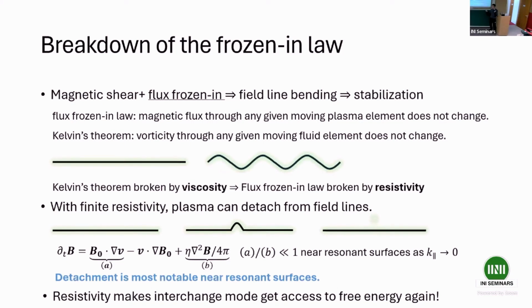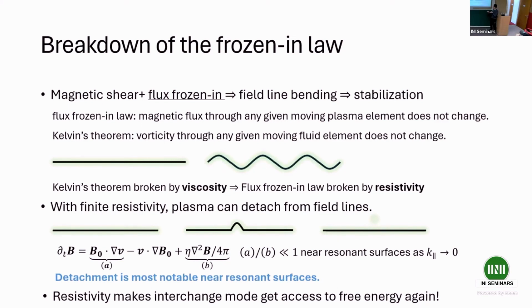You can think of the magnetic field line as a string, just like Kelvin's theorem in fluid mechanics, where vorticity through any given moving fluid element does not change. In plasma physics, if the plasma is ideal, the magnetic flux through any given moving flux element does not change. So think of the magnetic field as a string.